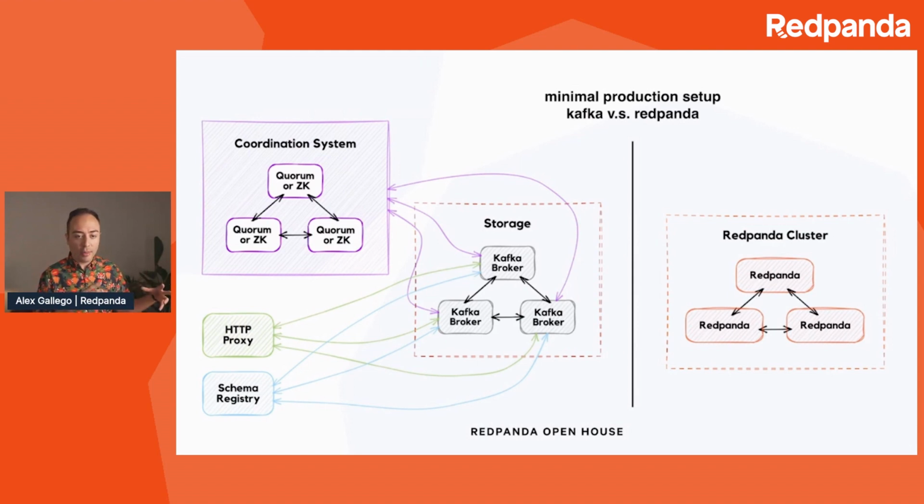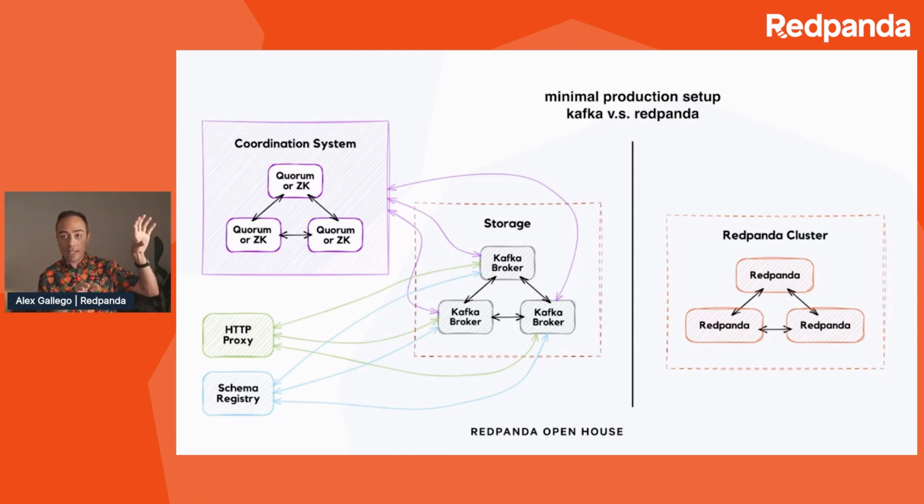When you're trying to come up with an upstream distribution of Kafka, say Apache Kafka, we're going to highlight the minimum components that you have to get started for a production setup, right? You need three quorum servers, so Quorum or Zookeeper or KRaft, etc. This is a layer designed to keep metadata about the cluster: which computers are up and running, which computers have crashed, etc. In addition to that, you have the actual storage nodes, the Kafka brokers, and internally they use a protocol called ISR.